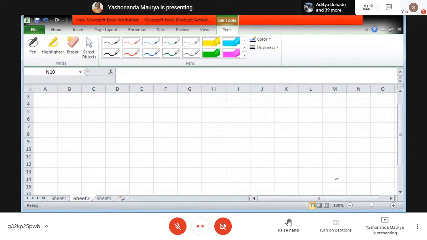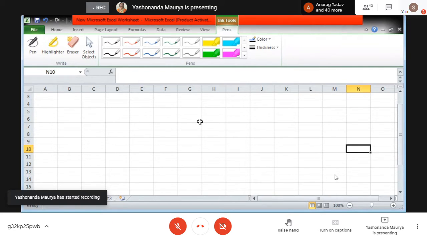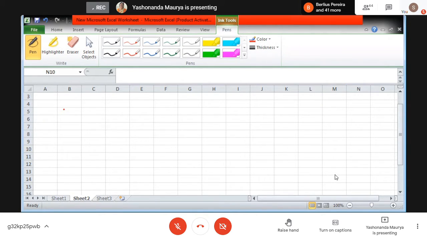Last lecture, we were doing complex integration. We'll continue with that. So, what we have over here is complex integration.